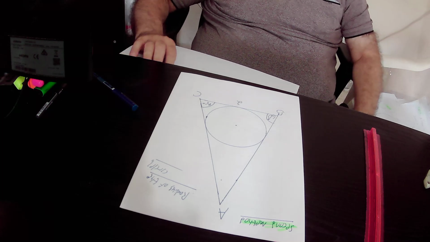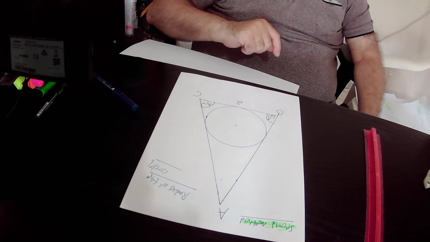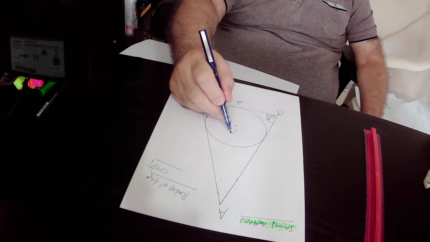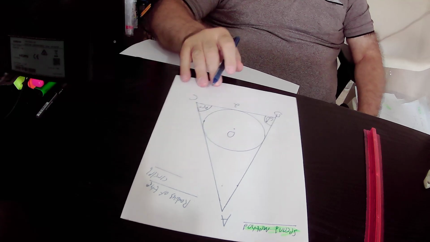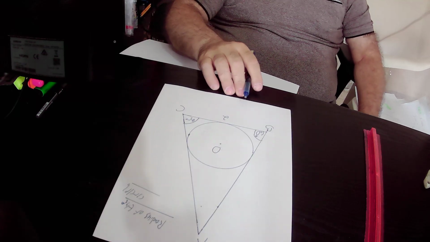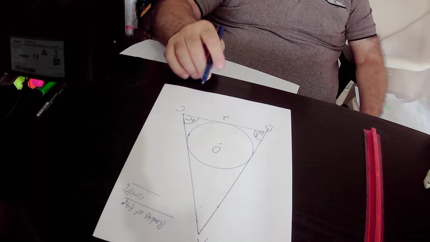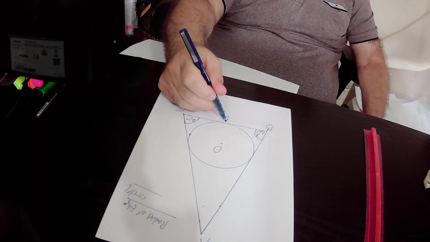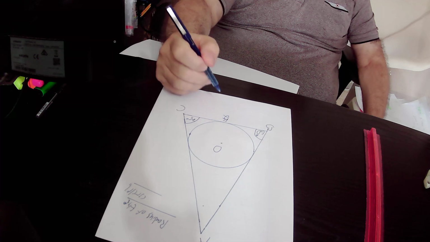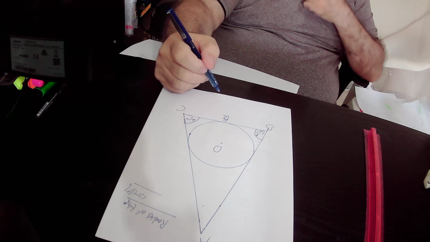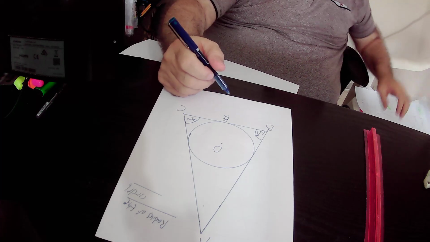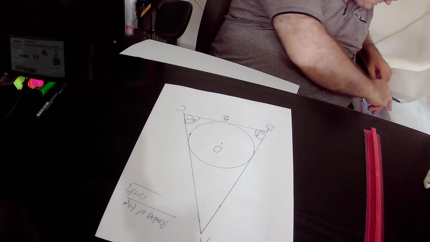In the second method, we define the center of this circle as point O. We define the point of tangency of tangent BC with this circle as point F. We join points O and F together by a straight line.